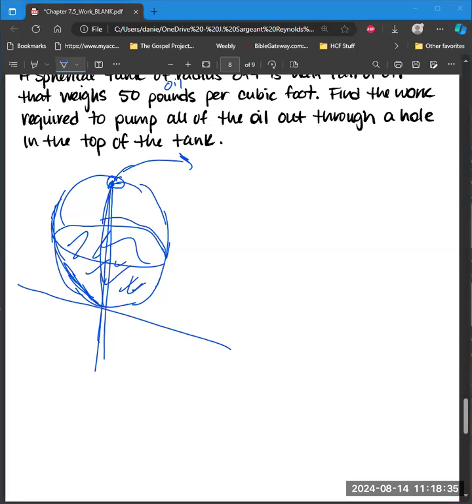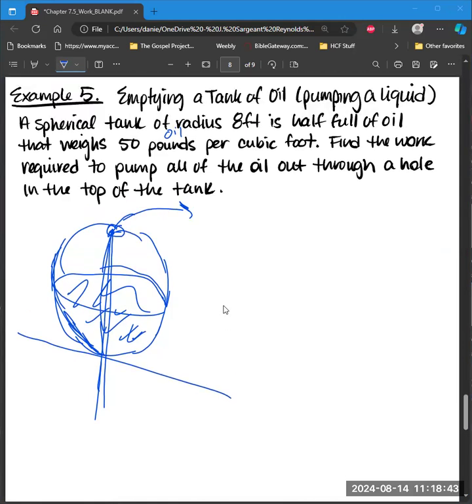I'm going to put this coordinate system right down here. I've put it at the bottom of the tank, at the origin.